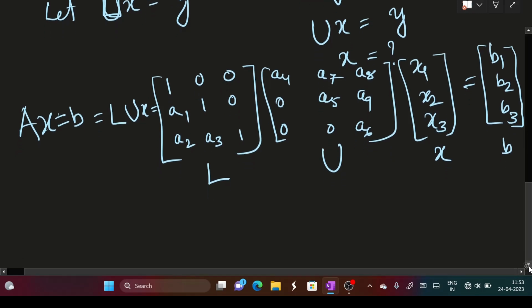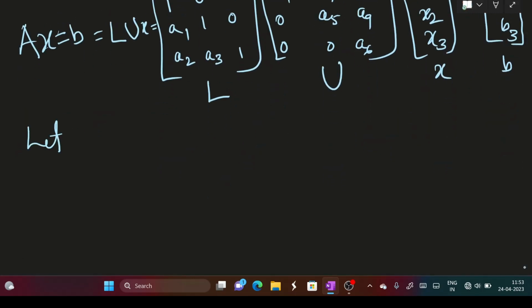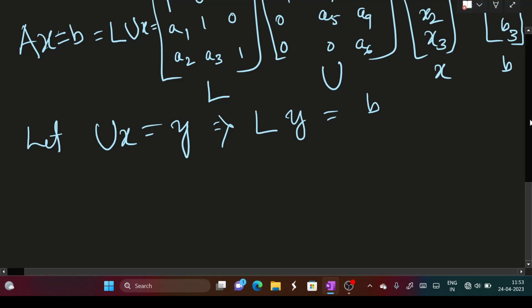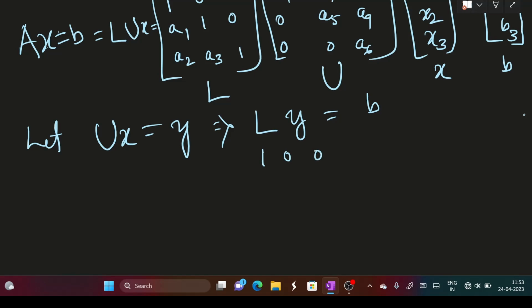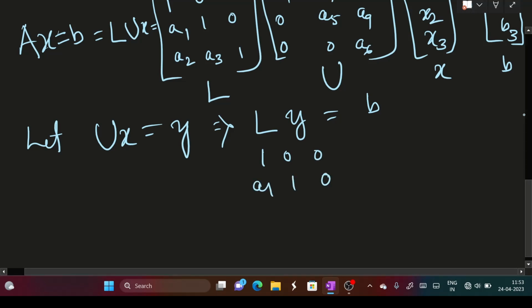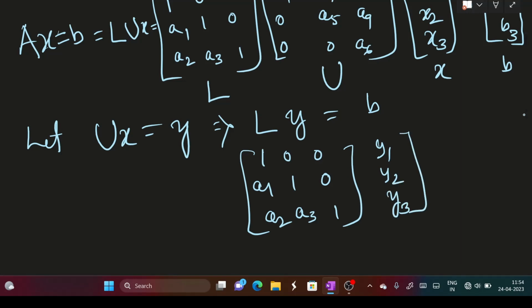Let UX be equal to Y. Then this implies LY is equal to B. Now from the equation, it looks like [1, 0, 0; a1, 1, 0; a2, a3, 1] into y1, y2, y3 is equal to b1, b2, b3.